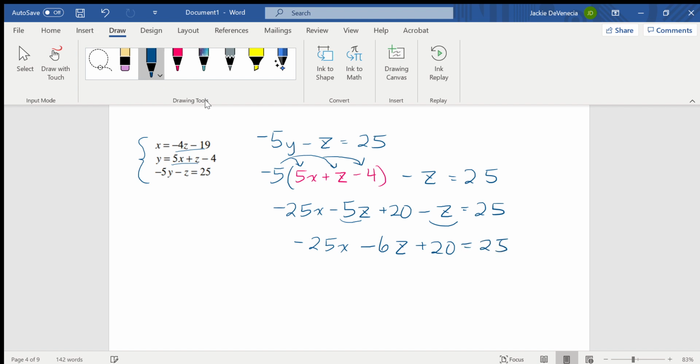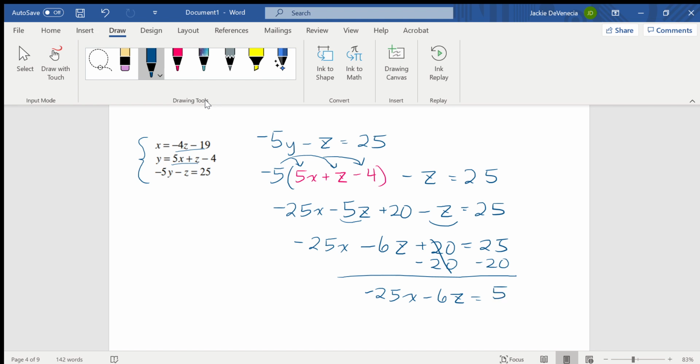Now, as we've said before, we wanted to get the variables on one side and all the numbers without variables on the other side. 20 is the only thing without a variable, so I can just go ahead and subtract it away from this side. So I'll just get negative 25x minus 6z is equal to 5.